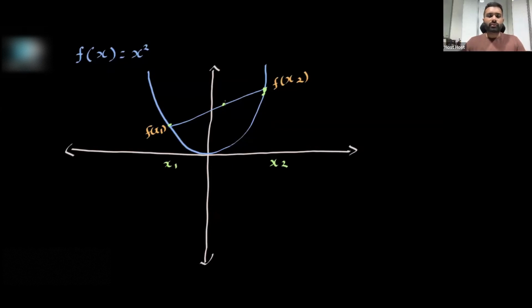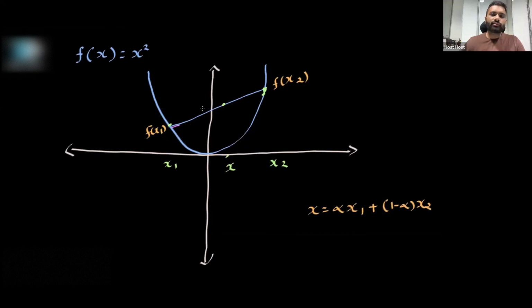Now, take a certain alpha. So alpha times f of x1, 1 minus alpha times f of x2. So you consider this line. If you take this point x at this value, and x is a certain linear combination, alpha times x1 plus 1 minus alpha times x2, then whatever line you are joining, the value on that line will be more than the functional value.